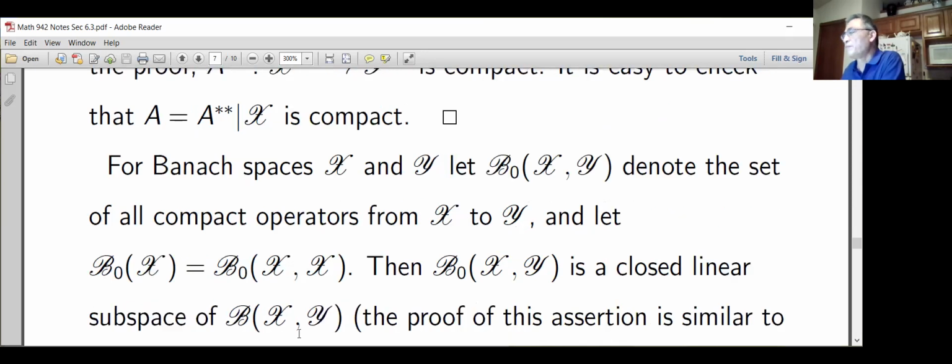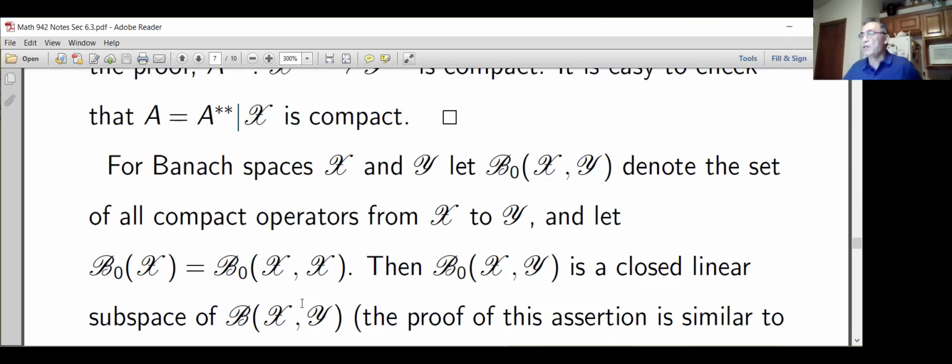Of course, it is a linear subspace because the sum of two compact operators is compact, and multiplication by a number makes a compact operator go into the compact operator.